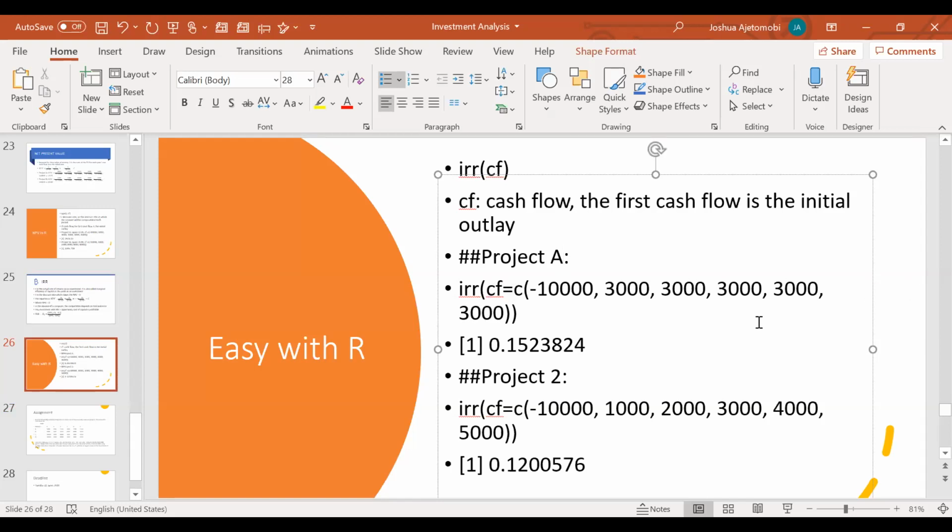Just bring in the cash flows, but make sure that the initial capital outlay is in negative form, that is minus 10,000. Then you repeat that for the second project, which is project B. Very straightforward.